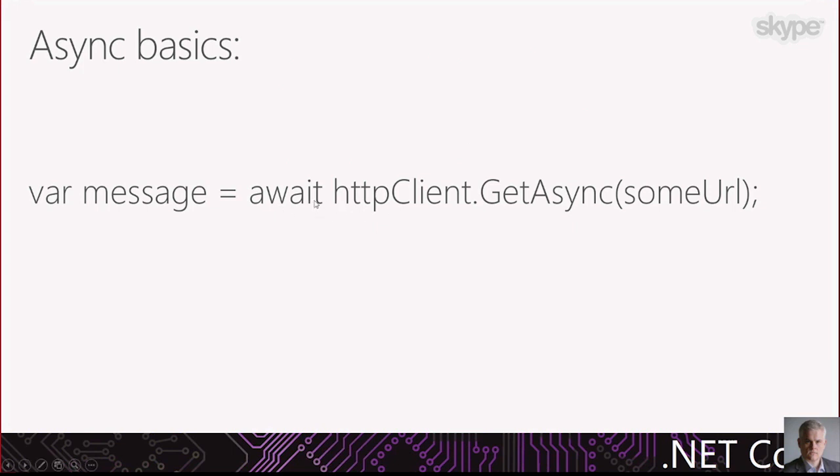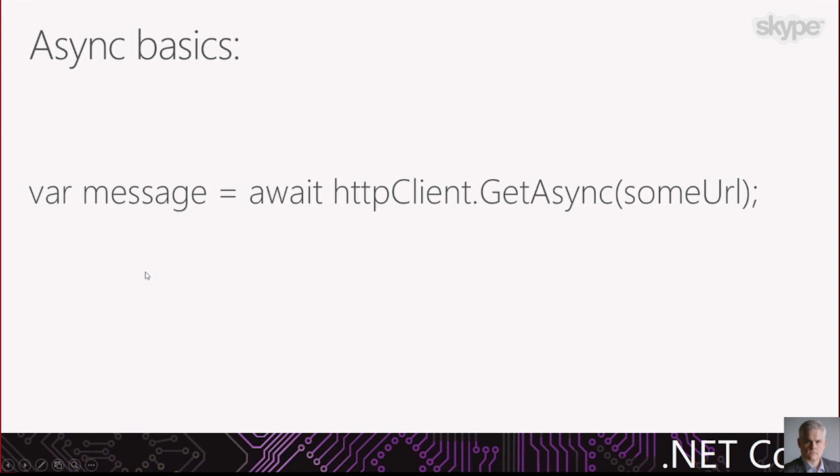First, it calls this getAsync method, and what is returned from this async method is the promise of a future value. At some point in the future, once the client has completed the getAsync operation, it will take that future value and assign it to this variable called message, and then continue on with the rest of the work.